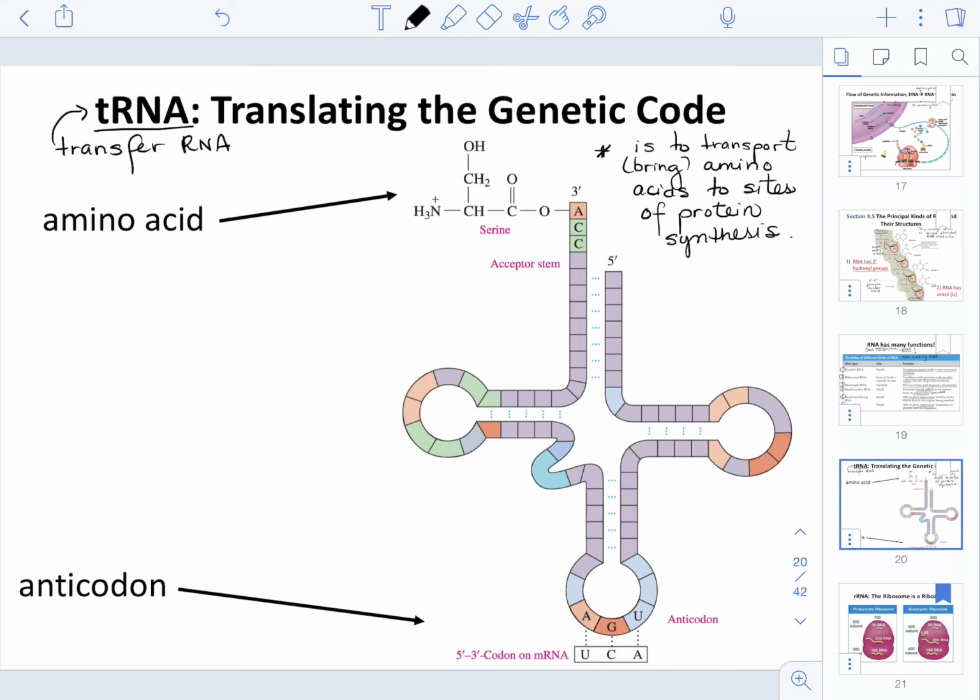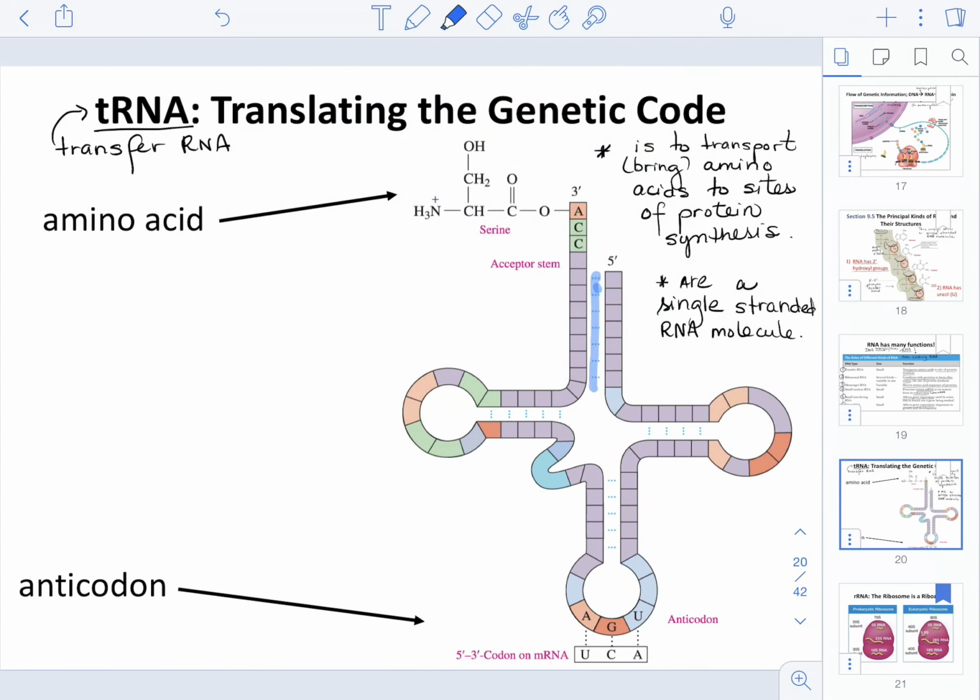Understand that when it comes to tRNA, tRNAs are a single-stranded RNA molecule. The structure that it has, as you can see, is given by these blue dots that I'm going to also highlight in blue.